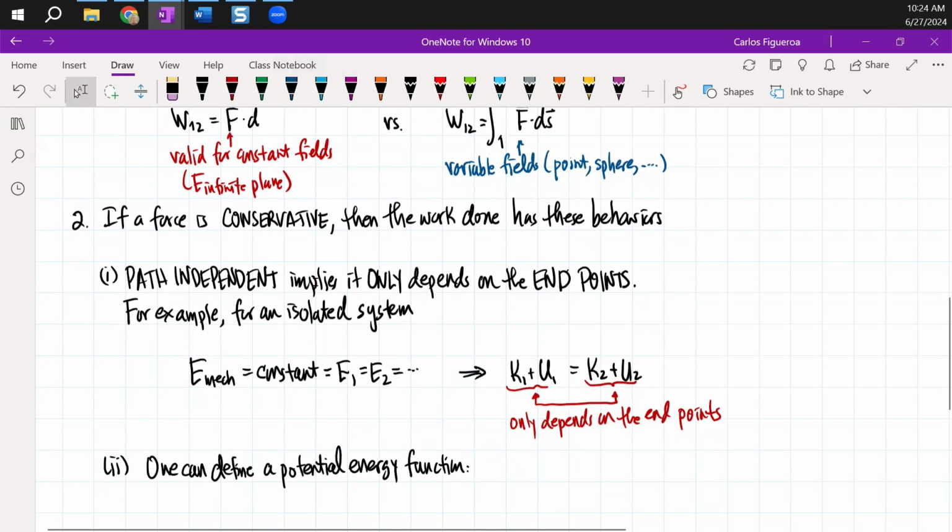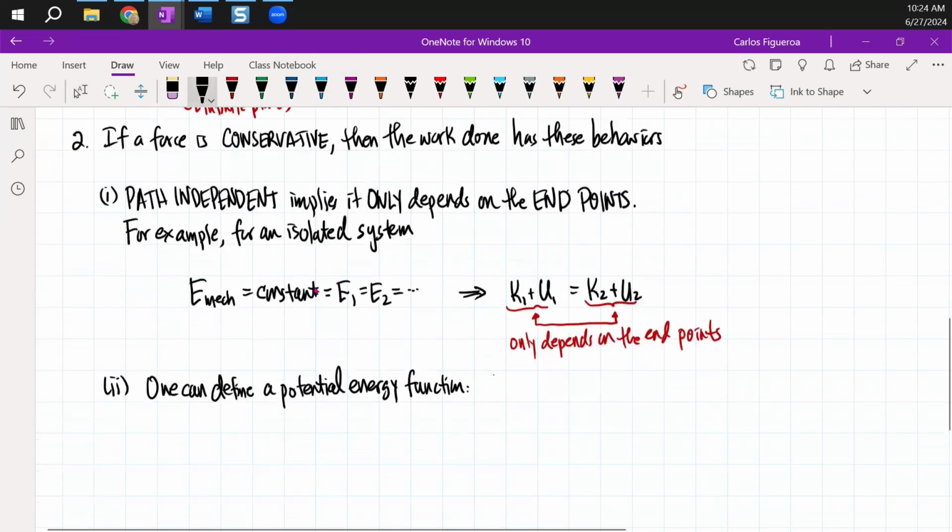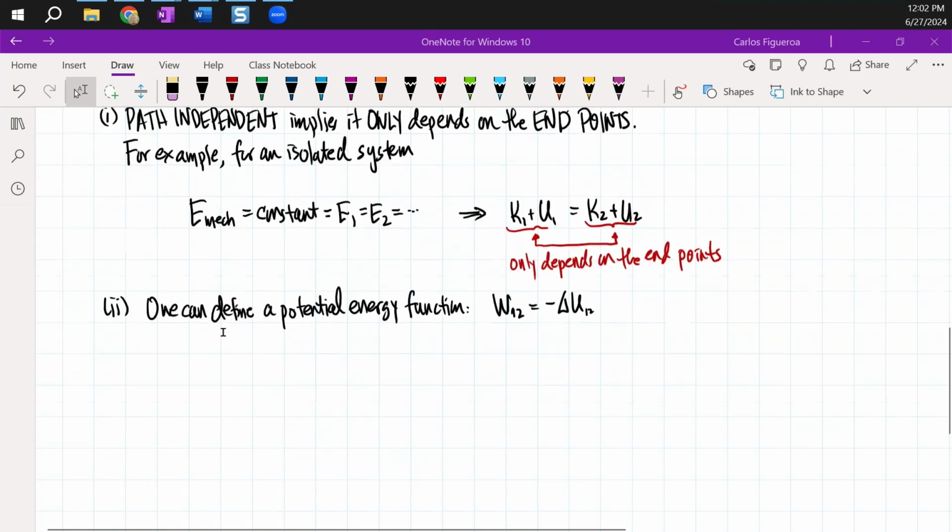So from the work energy theorem, it just says that if I do work from 1 to 2, then I can define a potential function which is the negative of the potential between 1 and 2. Now, what is the potential function in terms of fields?